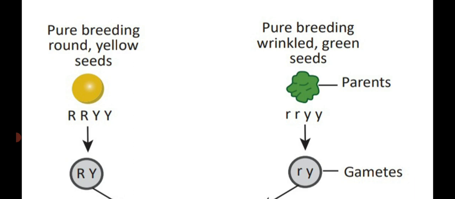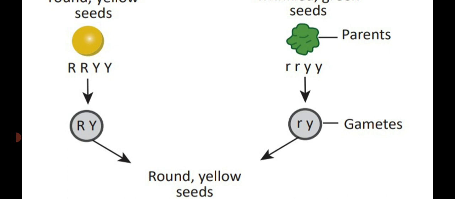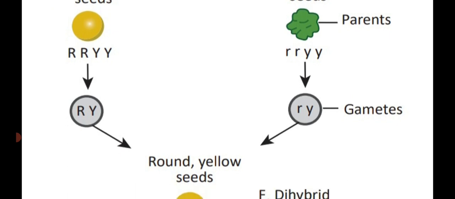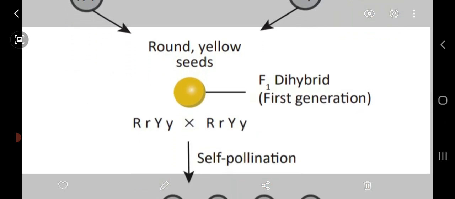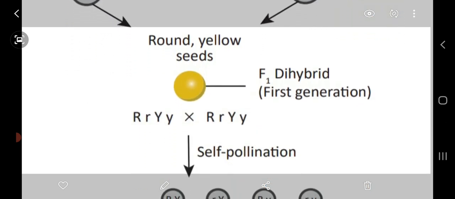Round and yellow genes here, wrinkled and green genes here. From these parents, we are getting the gametes, that is, a pair of capital R. It's taking only one capital R and one Y. Here small r, small y. They are known as gametes. So these gametes are joined together and produce round yellow seeds in the F1 generation.